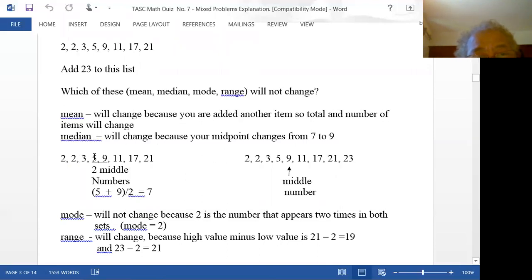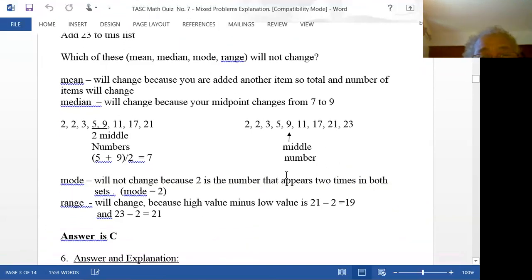So the original set here where we had 8, there are 2 items there in the middle. You see them right there, 5 and 9, 14 divided by 2, the median is 7. Over here where we added the 23, now we have 9 items. We have the 4 here, and we have the 4 here, and the middle number is 9. So the median is changing, okay?